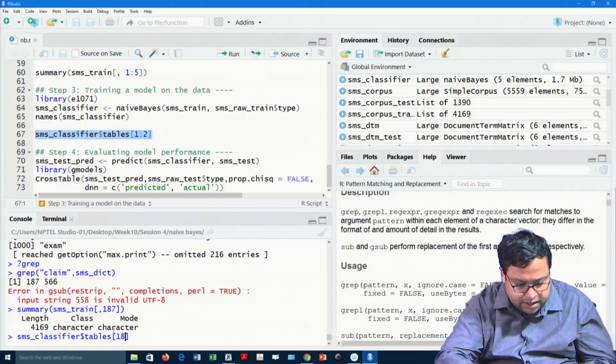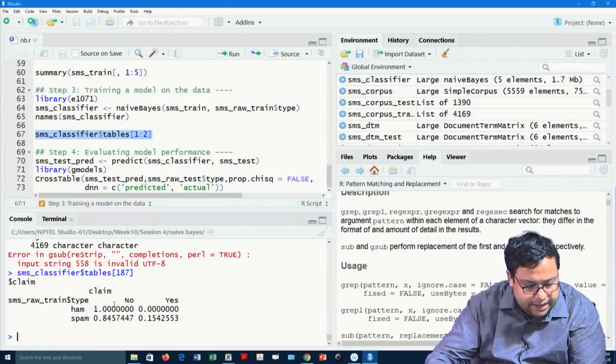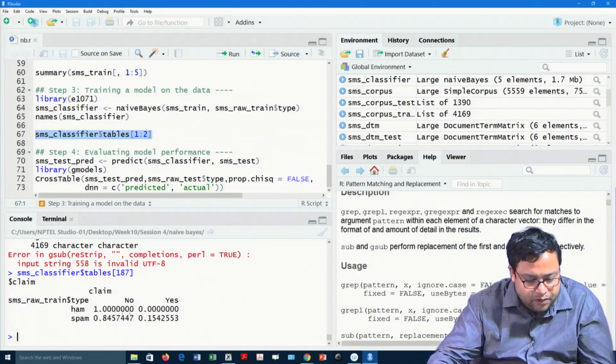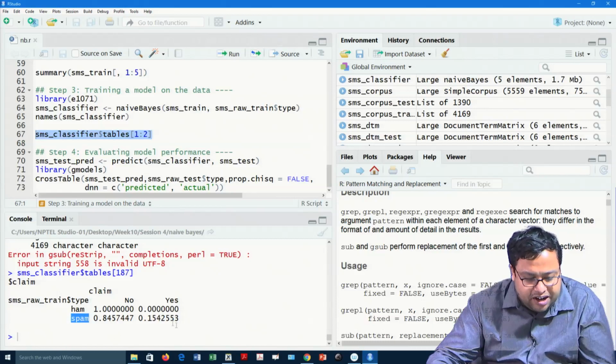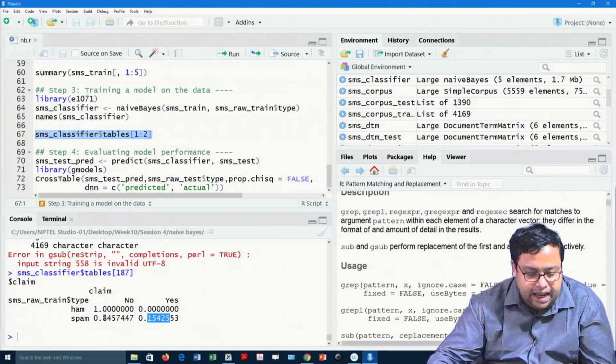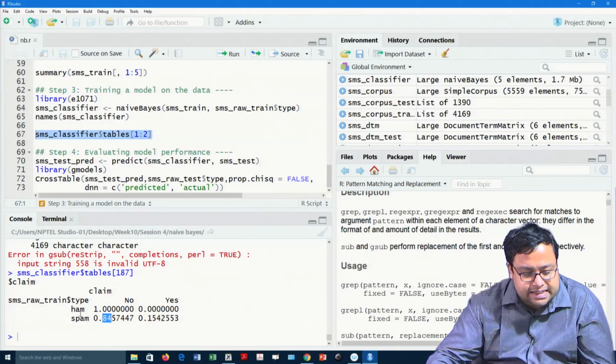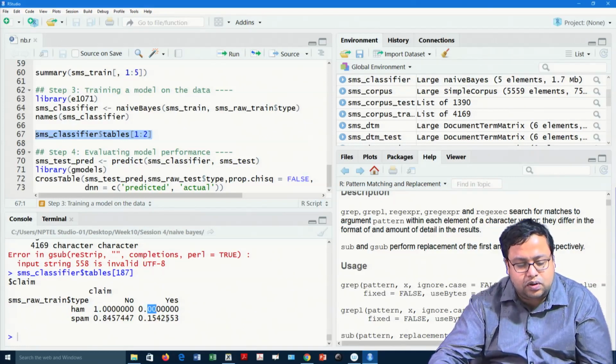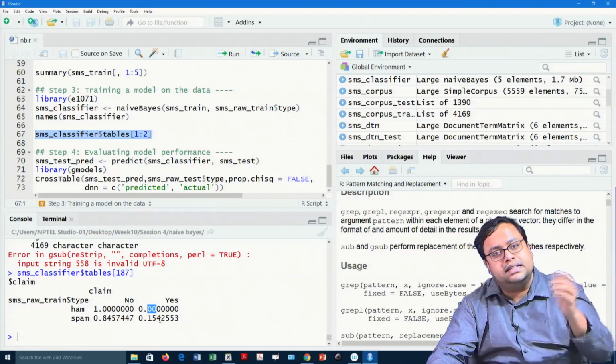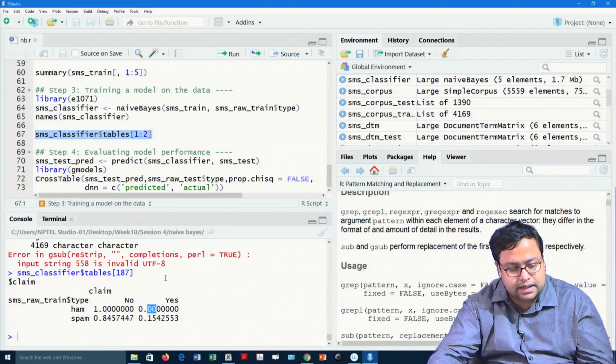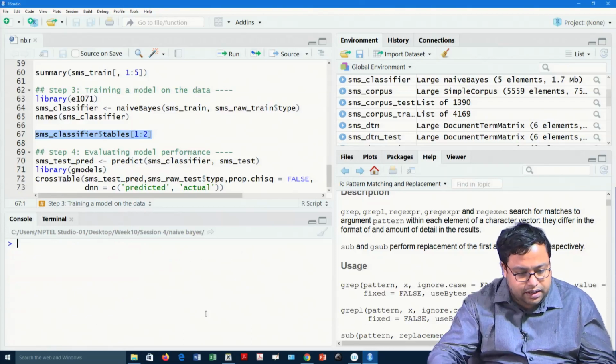And if I write 187 here, you see that for claim, when it is spam, the probability is 0.5 that the claim word will be there, and not there 0.84; and when it is ham, the probability is 0 and 1. So, there is a huge distance, 0.00 and 0.55. That is a very high distance.